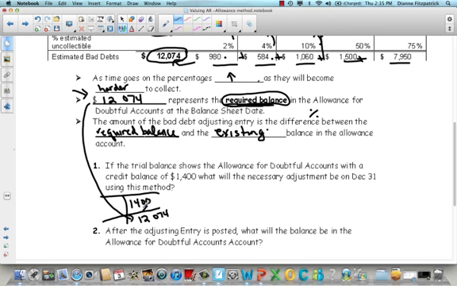So we have a number here that we need to calculate. So basically, when you take this 12,074 and you subtract 1,400 from it, you're going to get that x. And in this case, it's going to equal 10,674.